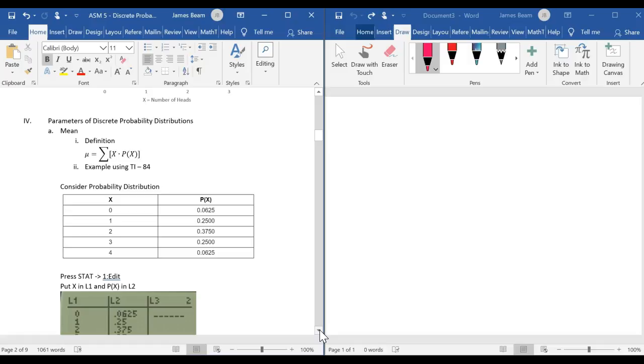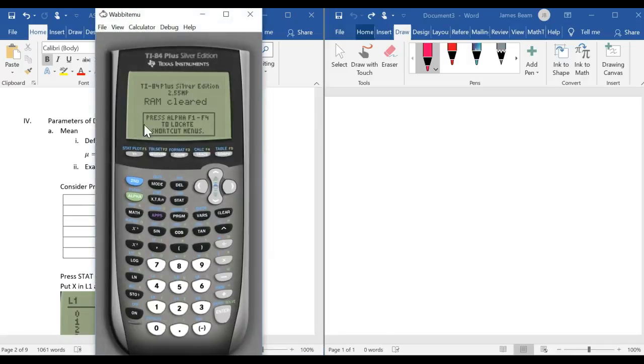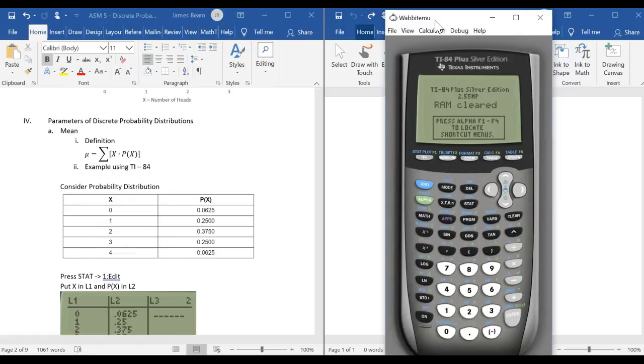Mean is exactly like the weighted mean we did back when we were doing descriptive statistics. So if this is my probability distribution and I want the mean, I treat it like I'm creating a weighted mean.